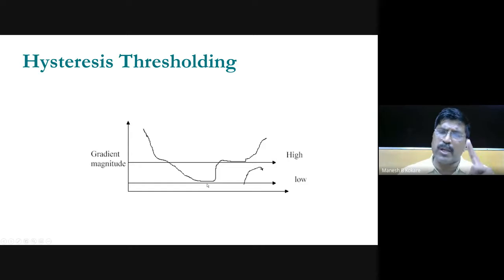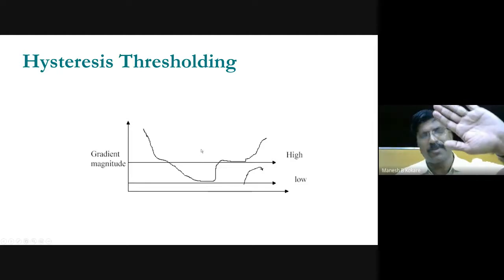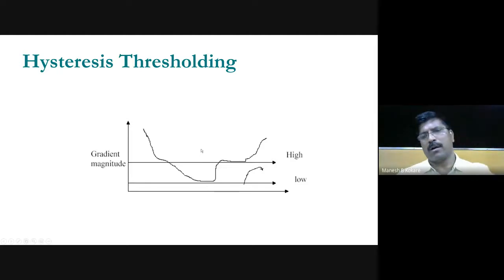But if the pixel intensity is in between the low threshold value and the high threshold value, how is the decision taken? Their neighboring pixels are considered. If the neighboring pixels are on the edge, then that pixel will be considered an edge pixel. If it is above the high threshold value, it is 100% an edge pixel.